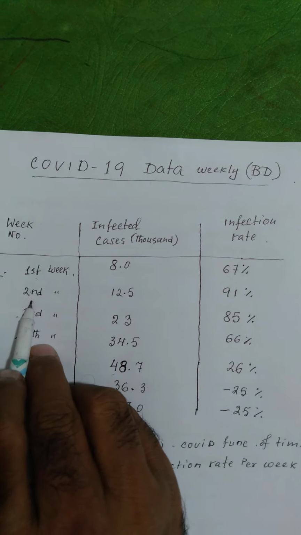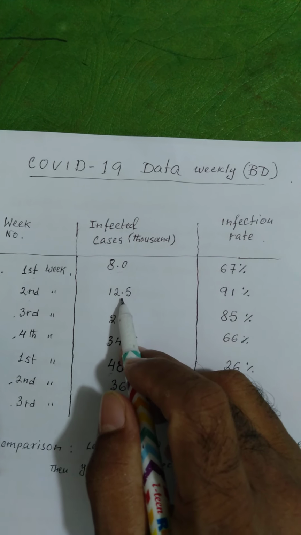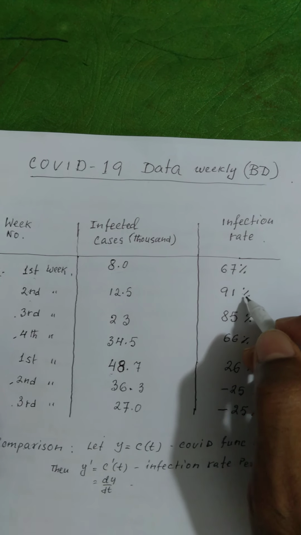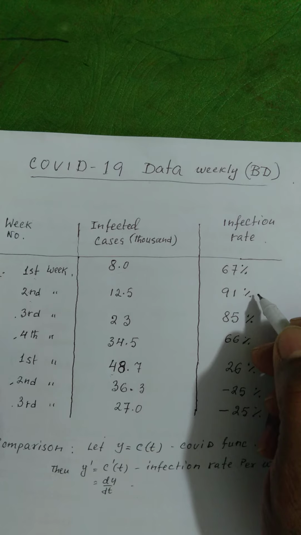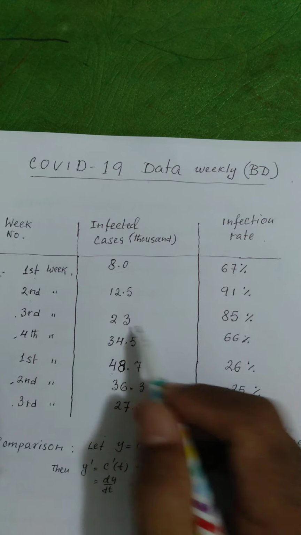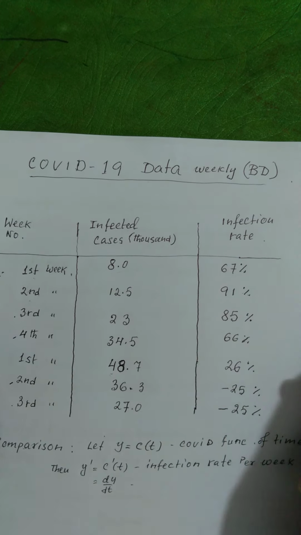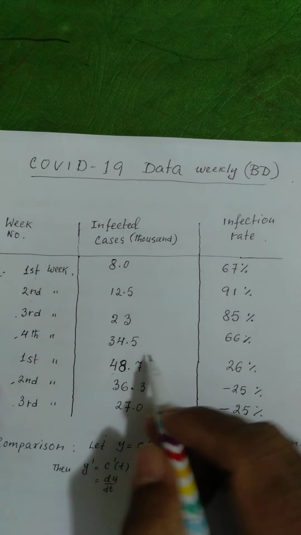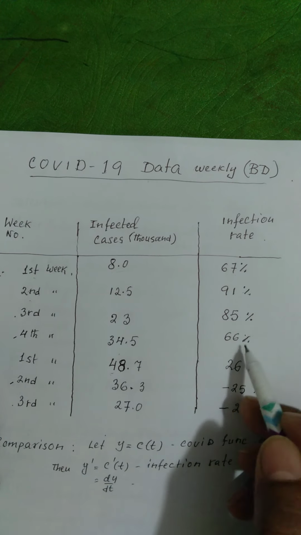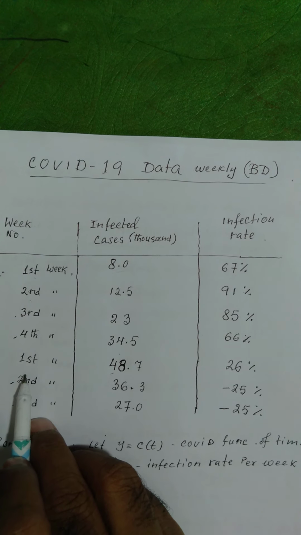Second week, this is 12.5 thousand, and the infection rate was 91% per week. Third week 23,000, infection rate was 85%. Fourth week 34.5 thousand, 66% infection rate.